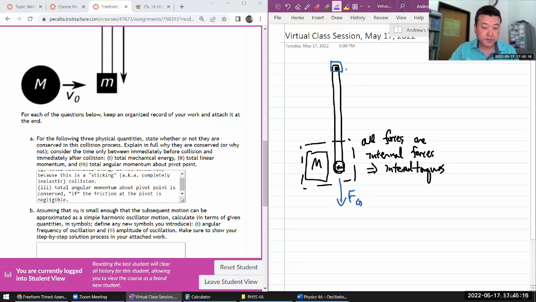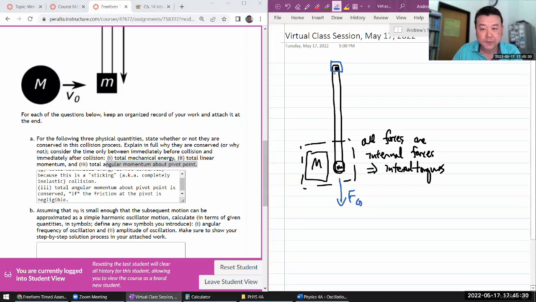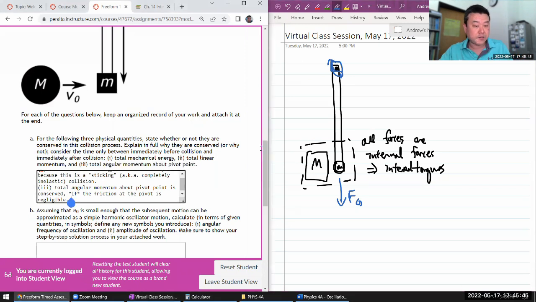But if we are calculating the angular momentum about the pivot point, then as long as there aren't tangential forces at the pivot, as long as forces in the tangential directions are zero, there won't be any external force at the pivot that could change the applied torque and change angular momentum. That's what this portion, if the friction is negligible at the pivot, is about.